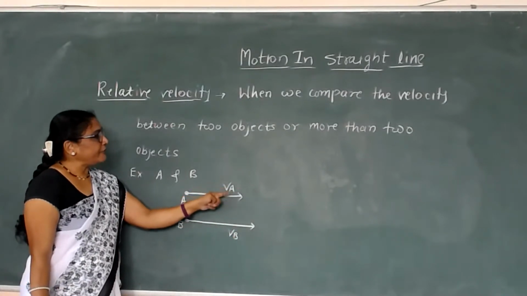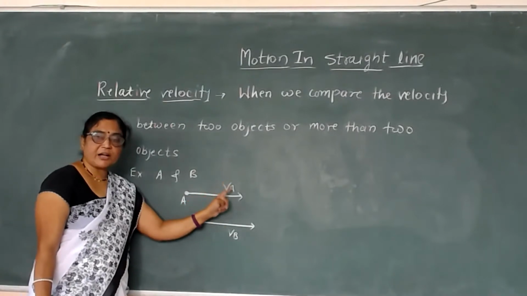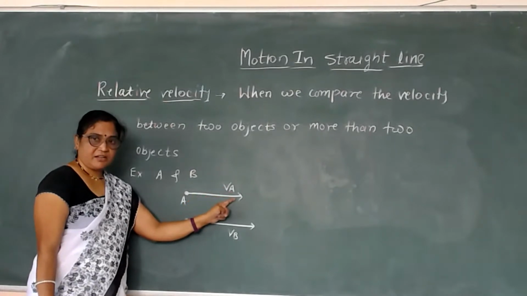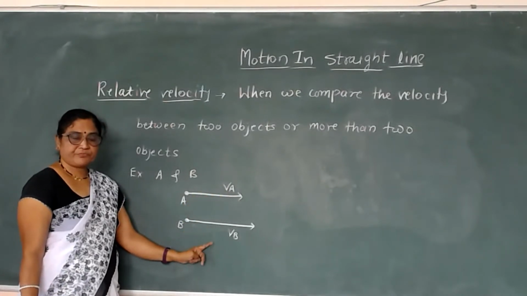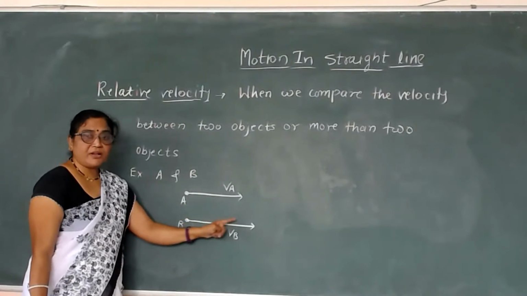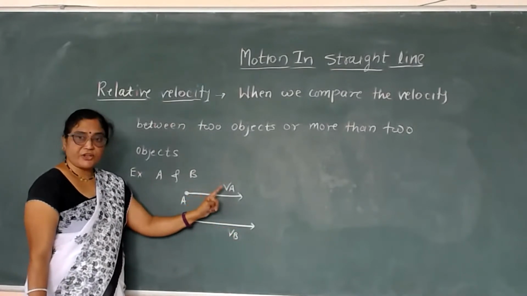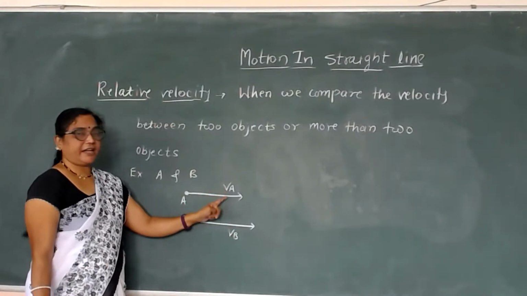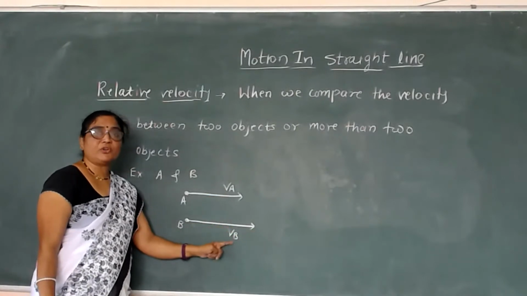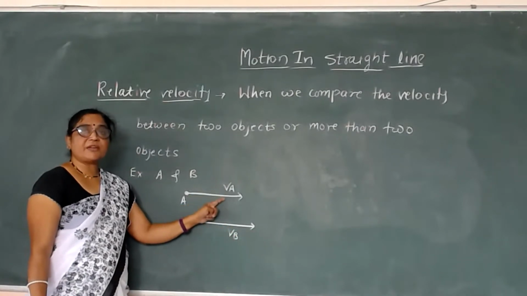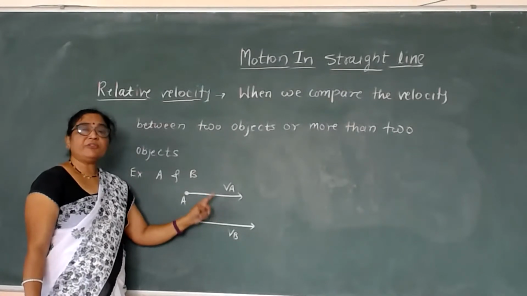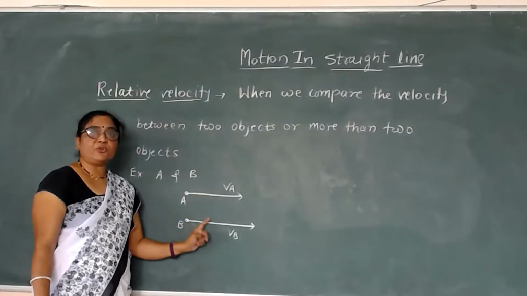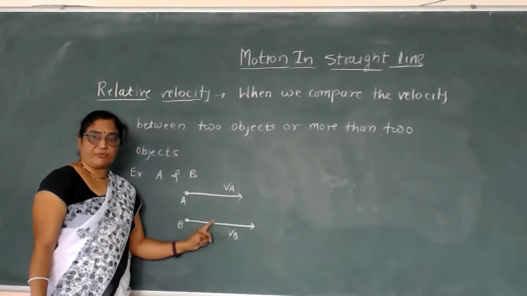When we compare A with B, we say that the velocity of A is less than the velocity of B. But when we compare the velocity of B with respect to A, we say that B is moving faster than A, or the velocity of B is more than the velocity of A. In this way we explain relative velocity, when we compare the velocity between two or more objects.